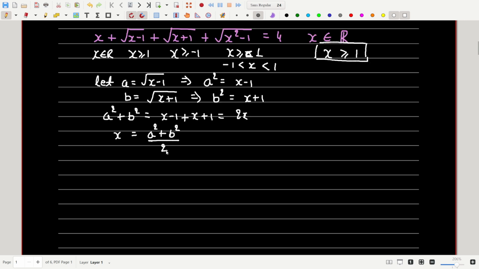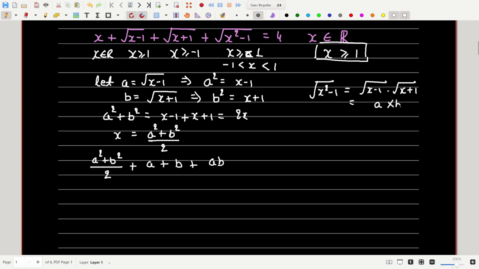Now let us start substituting. So I'll write here a square plus b square divided by 2 plus a plus b plus. Now under root of x square minus 1 is the same thing as under root of x minus 1 into x plus 1. So I can write ab, and this is equal to a into b.